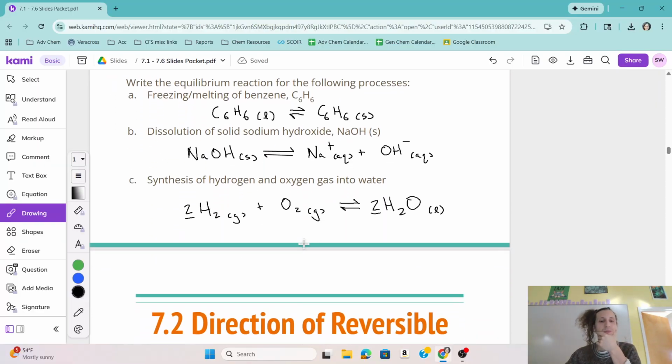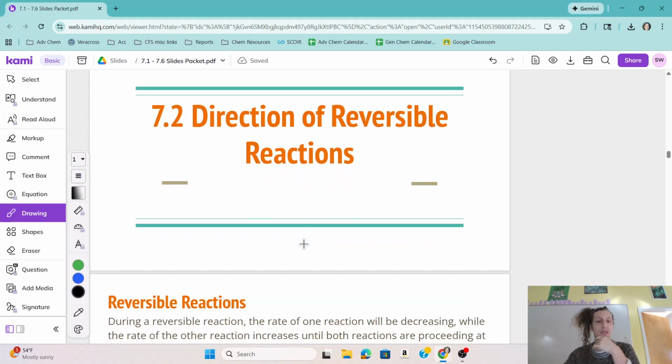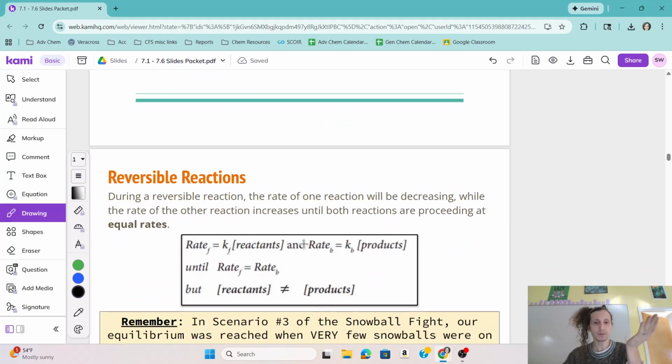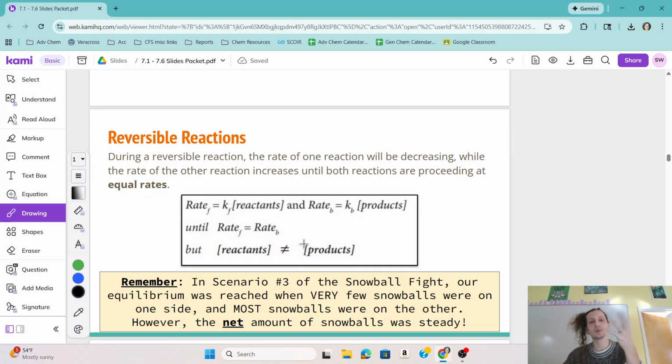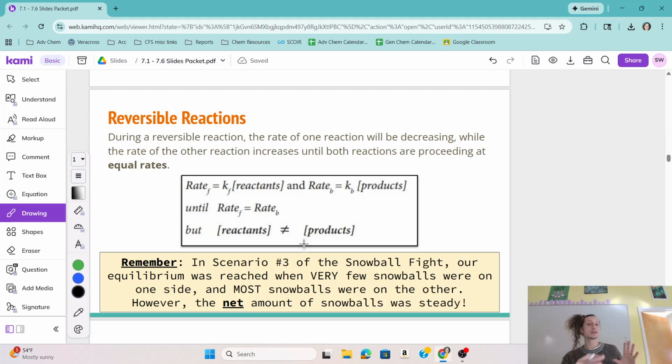Okay, getting into the second topic, the direction of reversible reactions, which is another way to say equilibrium reactions. What is happening when we start a reversible reaction is that as equilibrium is approached, and that's a phrase we use a lot, as you approach equilibrium or as you are trying to establish equilibrium, one reaction's rate will be falling, and the other reaction's rate is increasing until they are equal.